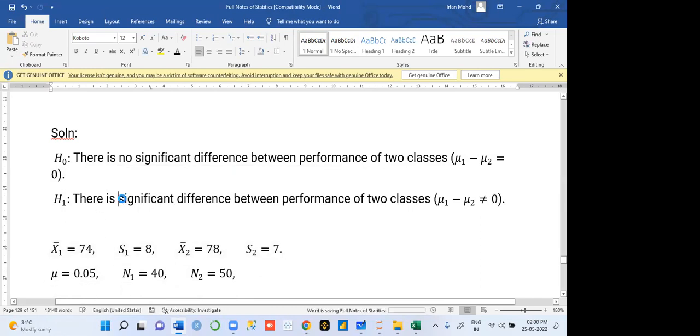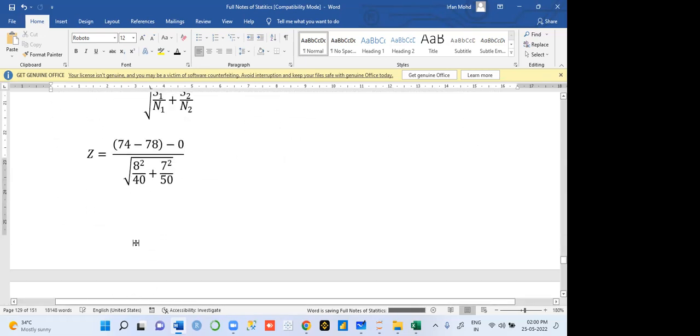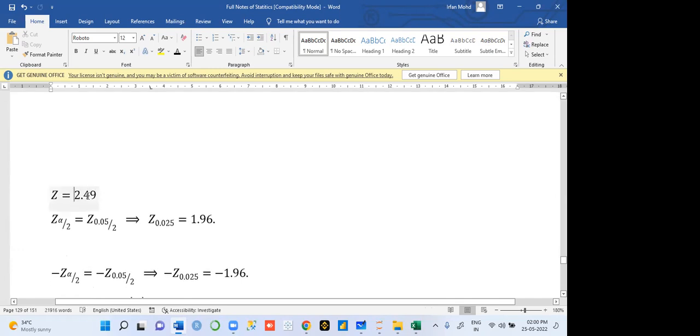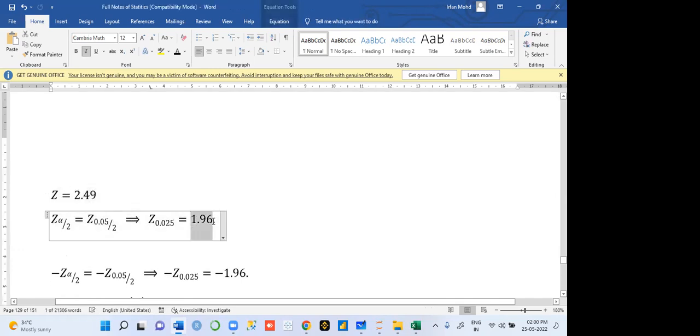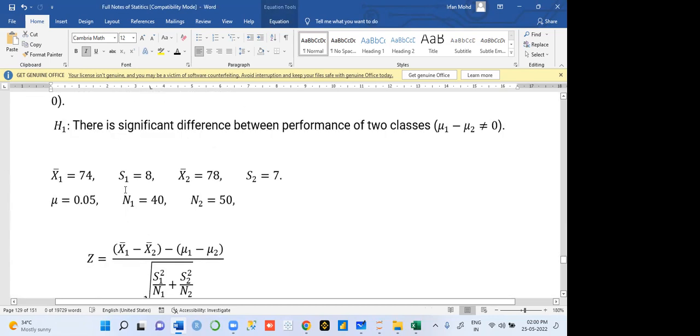Guys, write this hypothesis. You have done the calculation. You may get 2.49. That one is 1.96. After this, you have to write the hypothesis also.